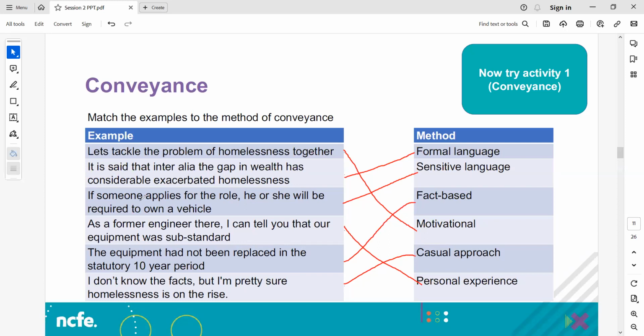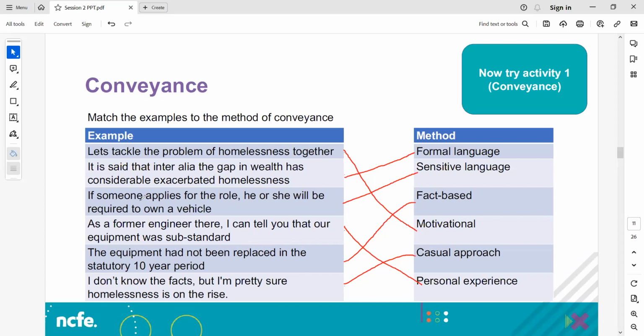And also some people might say, you know, that's not fair, it's unfair. Imagine it's a job advert, it would be discriminatory, because you're saying don't apply if you've not got a car.